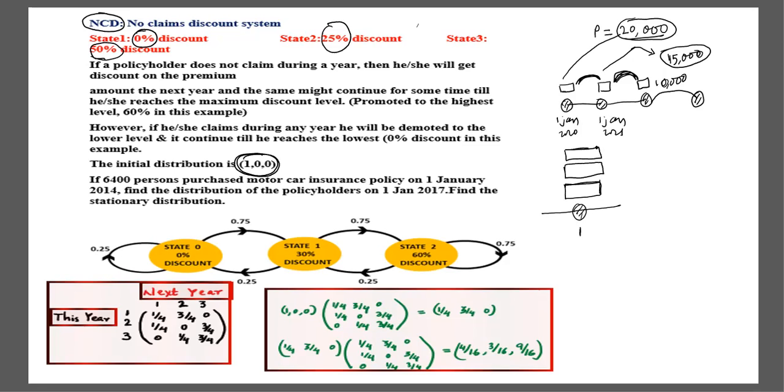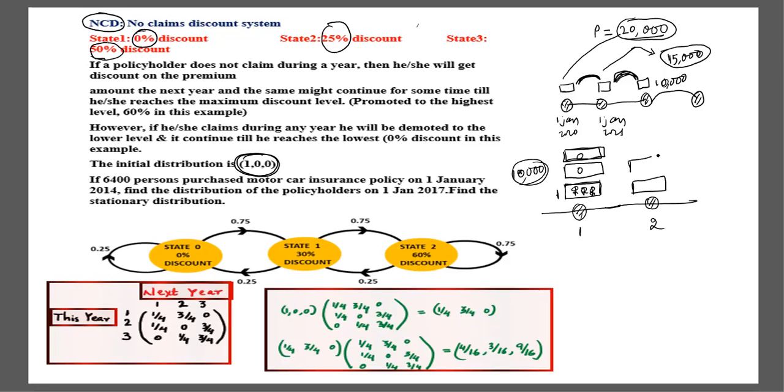This is a new general insurance company, and there are 500 or 1,000 people who have taken policies, all will be here. One means 0% discount, no discount at all, because this is the starting first year. All are here, 0, 0, no person is here. Next year, what will happen?